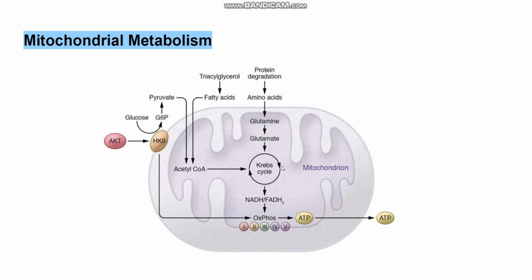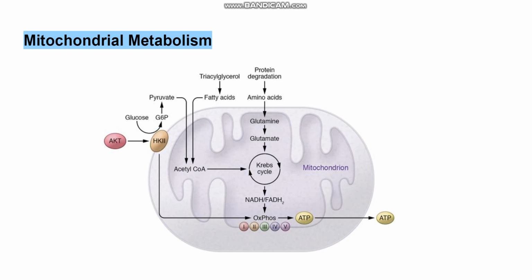Acetyl-CoA is of course a part of the Krebs cycle, and it will undergo changes through the Krebs cycle. Eventually you'll make these high energy molecules that are carriers for electrons, NADH and FADH2, and then that will go to the electron transport chain to make ATP, right? So pyruvate to acetyl-CoA to Krebs cycle to eventually making NADH and FADH2 to the electron transport chain, and then making ATP.